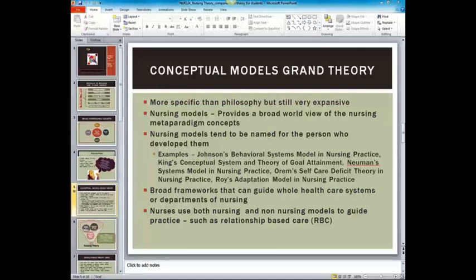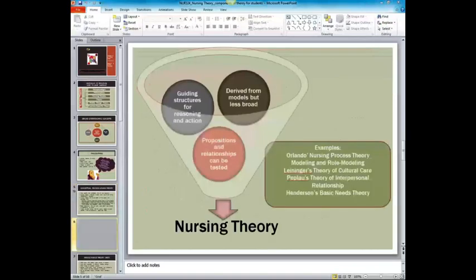And then nurses use both nursing and non-nursing models to guide practice. Centra Health System right now uses a model called relationship-based care. So it is a non-nursing model, but it guides this health system and many of the nursing departments.